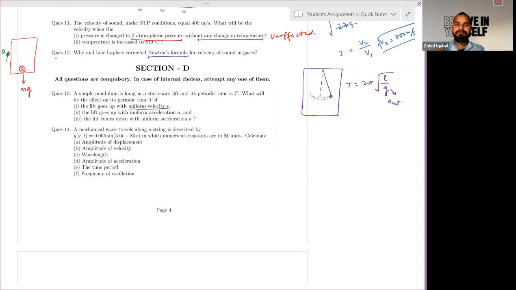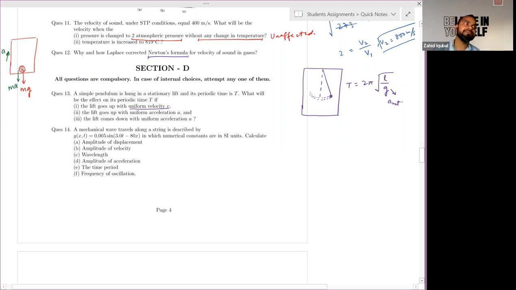If you accelerate it, this pen will move just opposite to the acceleration of your register. So you will say, on accelerating the system, a force develops in it, which is called pseudo force, and it must act opposite to the direction of acceleration of the system due to inertia. So in this part, if the lift starts accelerating upward, a pseudo force of m times a will act on this particular object in the opposite direction.